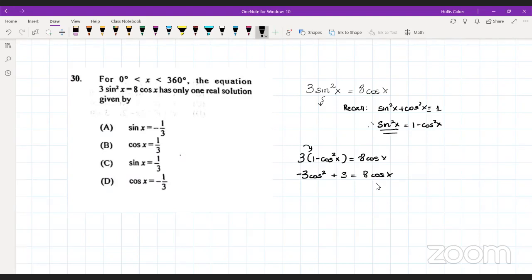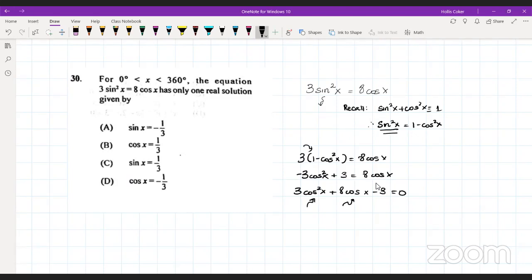And of course, you can carry everything to the right-hand side, so you'll get 3 cos squared x plus 8 cos x minus 3 equal to 0. If you notice, this is actually a quadratic in cos x, right?